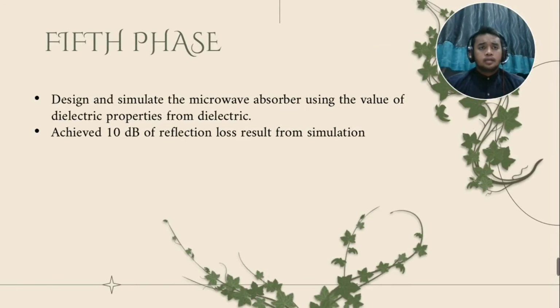Now we go for the fifth phase. We design and simulate the microwave absorber using the value of the dielectric property from the dielectric probe. Okay, for this, we have to achieve 10 dB of reflection loss result from simulation. If we don't achieve 10 dB of reflection loss from the simulation, we will go for the design and simulate again.